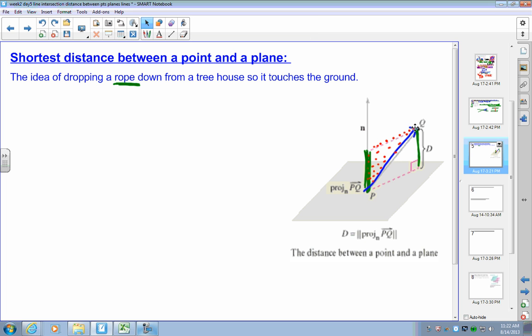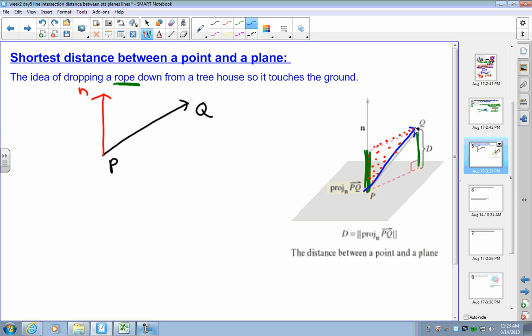So with that, if you remember, let me see if I can draw this again. Let's say I have PQ, and I'm giving you the normal, and I want to have this fall down, and I write this as the component of PQ on N. Remember, the component is the scalar projection.